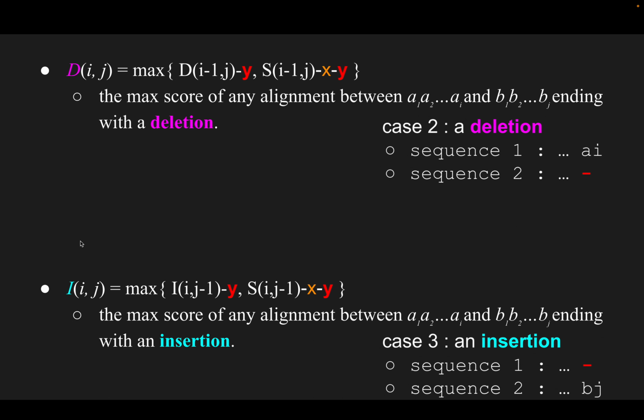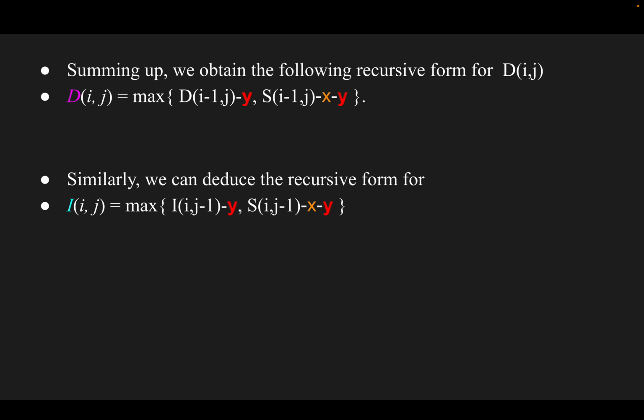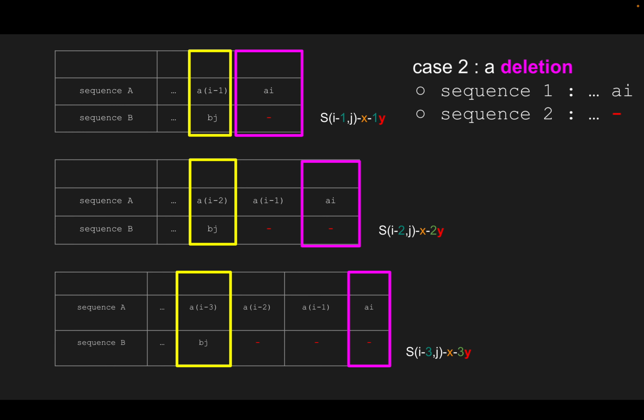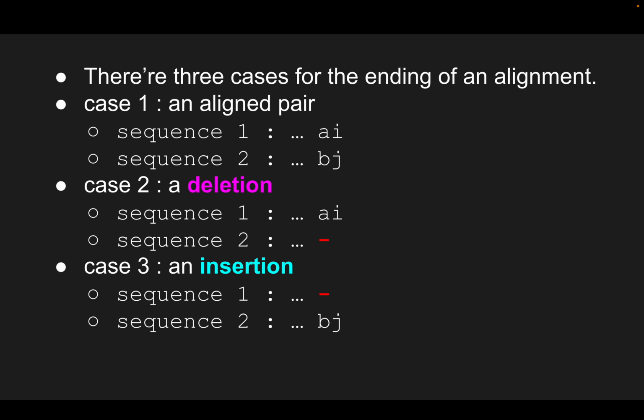So why do we want to calculate this? Because don't forget the initial incentive for calculating D and I: we want to calculate the maximum score of an alignment between two sequences. But there are three scenarios. We started by calculating the recursive form for any alignment with a deletion or an insertion.